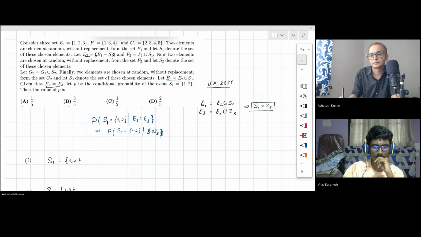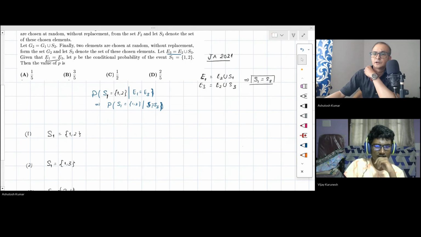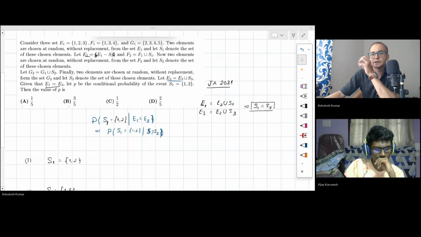Two elements are chosen; we have already done E1 and S1. E2 is E1 minus S1, so whatever is left over. What is E2, by the way? In this case, E2 will be 3. First case 3, then 2, then 1.